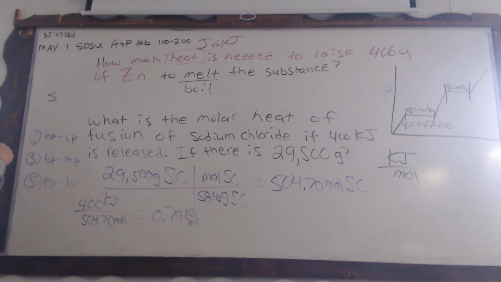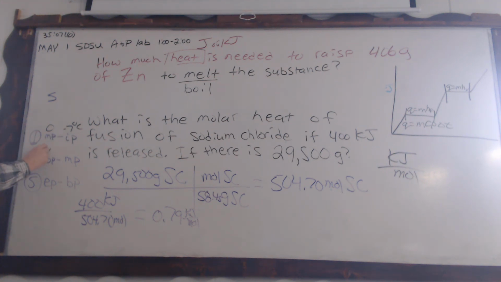Okay? So to make sense of that, where are these numbers coming from? Well, we can use ice as an example. Maybe you started at -7 degrees Celsius.